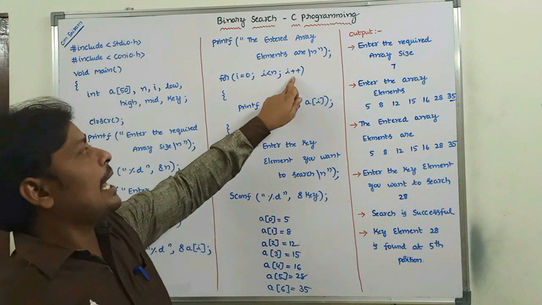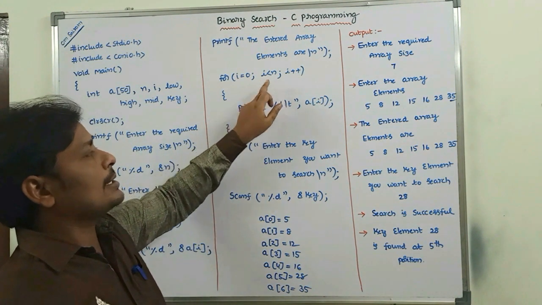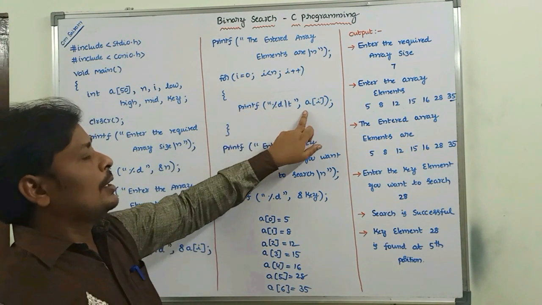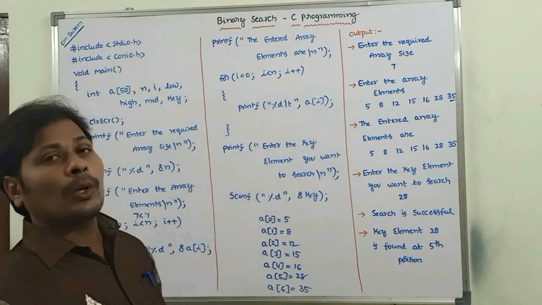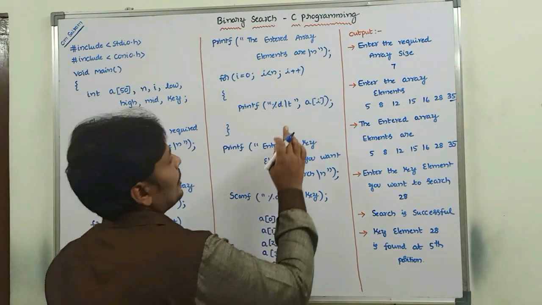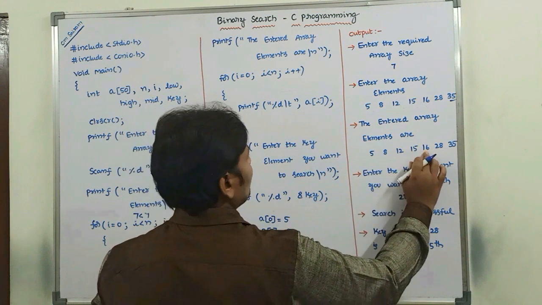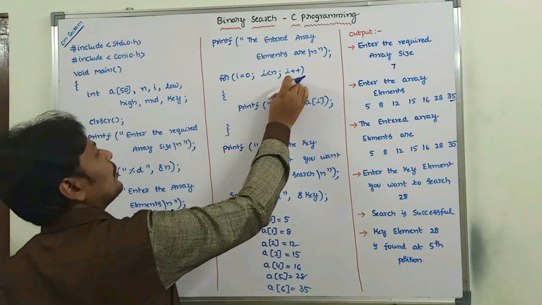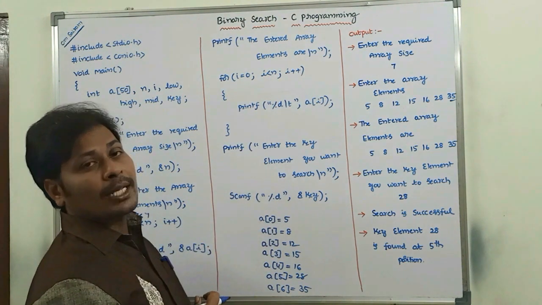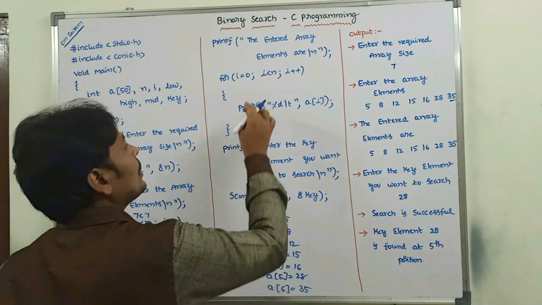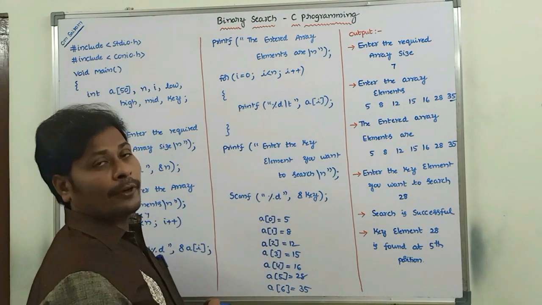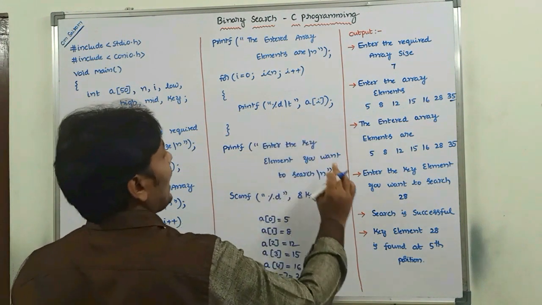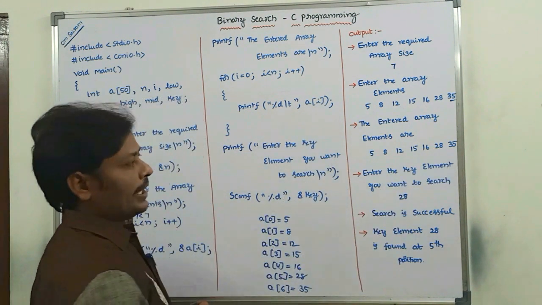Now i value incremented, 4. 4 less than 7. Condition true. If the condition is true, the control goes to the body of the for loop. Now a[4] value is printed, that is 16 is printed. Now i value incremented, that is 5 less than 7, condition true. The control goes to the body of the for loop. So a[5] value is printed, that is 28.